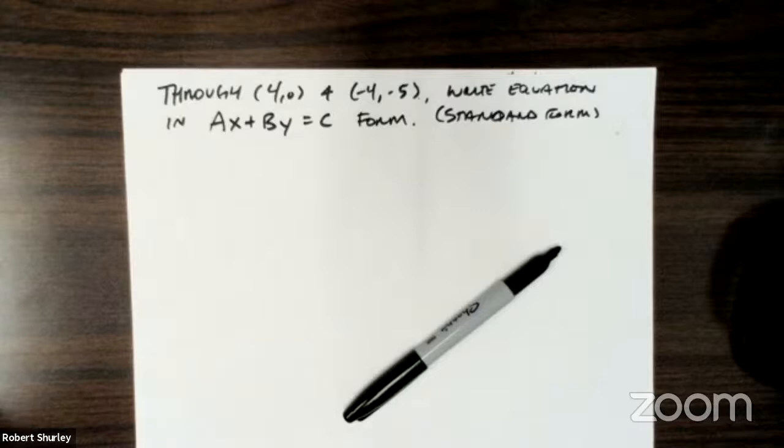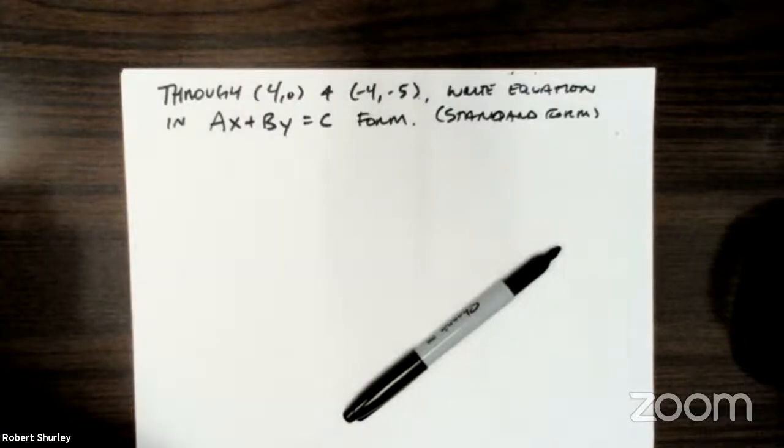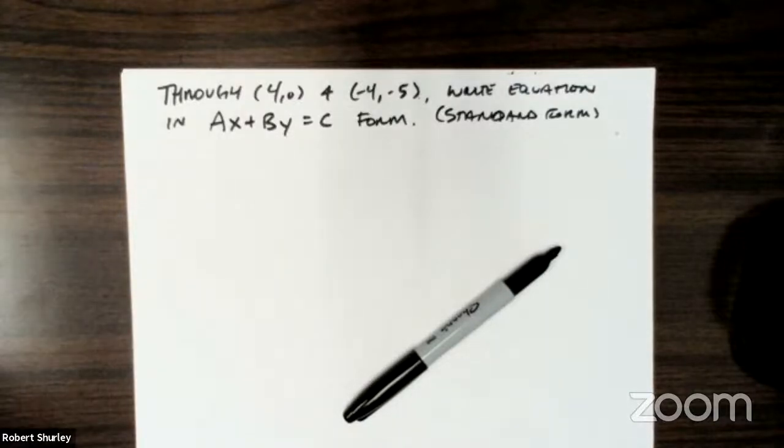So I want to go through this real fast so you guys can see the step-by-step way of doing this. The first thing we're going to do is exactly what we did in the last example.